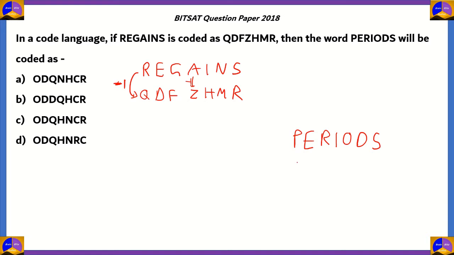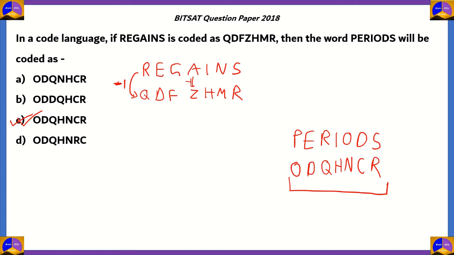So O comes before P, D comes before E, Q comes before R, H comes before I, N comes before O, C comes before D, and R comes before S. So the correct code for periods is ODQHNCR. And if you look at the options, you can see that option C is the correct answer.